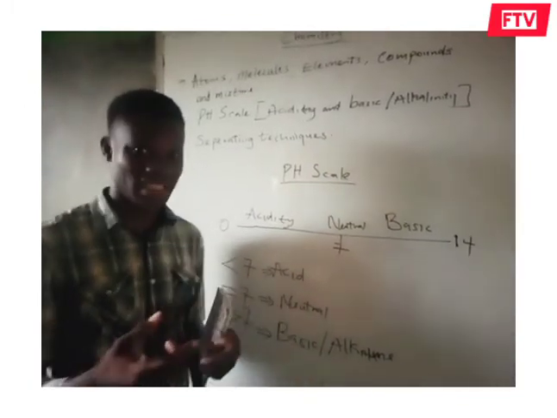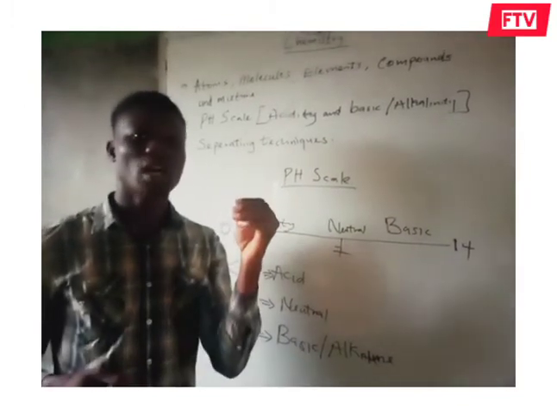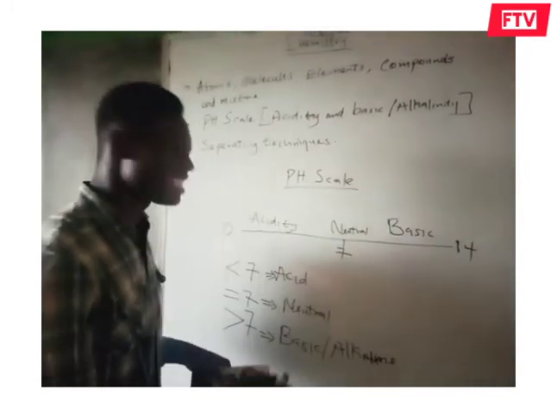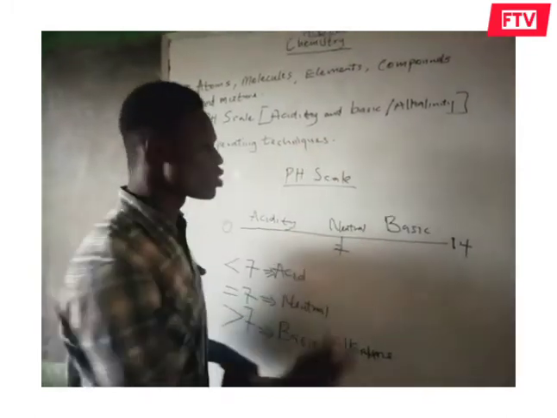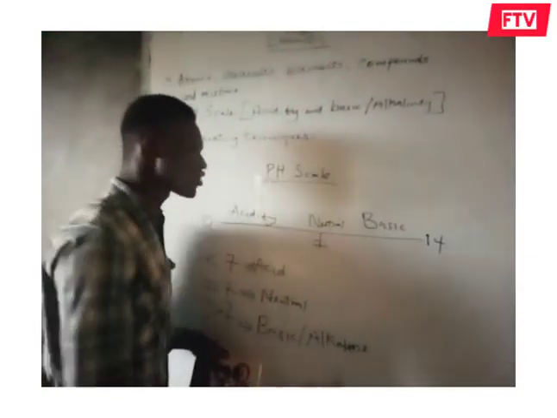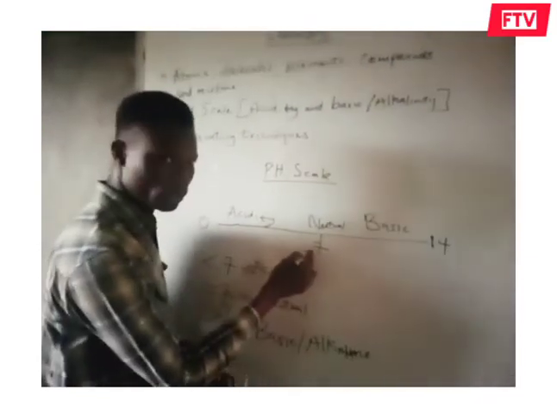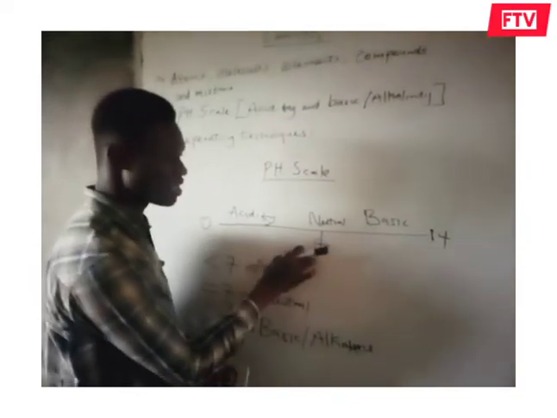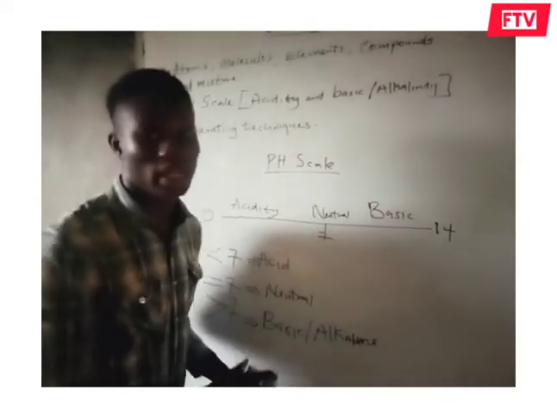That kind of substance has a pH ranging from 7 to 14. But something that is acidic ranges from 0 to 7. And 7 itself is neutral. And that is that.